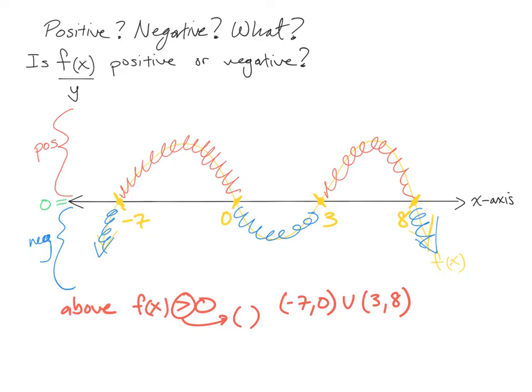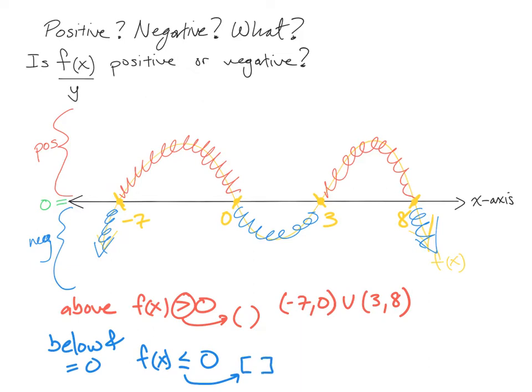What if we change it? What if we say below and equal to 0? Well, that means we would have f of x being less than or equal to 0, which means now we are using square brackets.